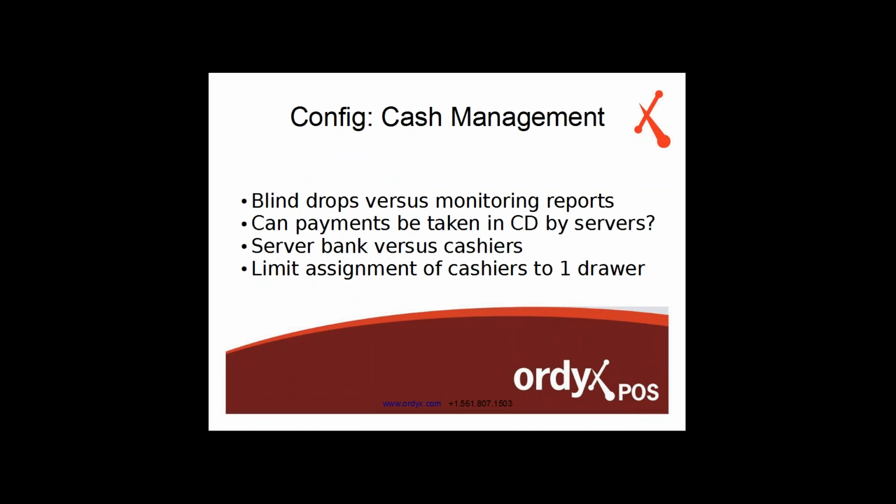So let's start talking about cash management. There are 2 ways you will tell us how you want to set up your restaurant. One is blind drops versus monitoring reports.